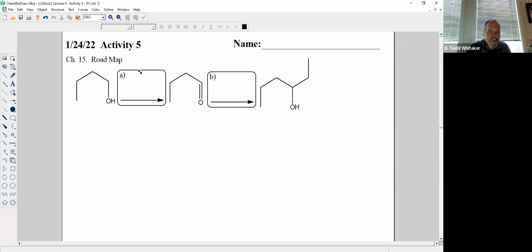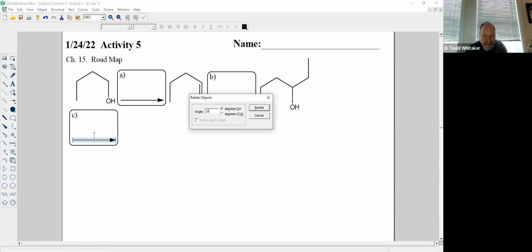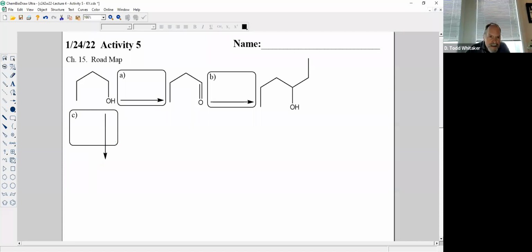Another review reaction down here. Oh, it's C. How can you make that into an alkene? It's a good review. Alkene, no OH.